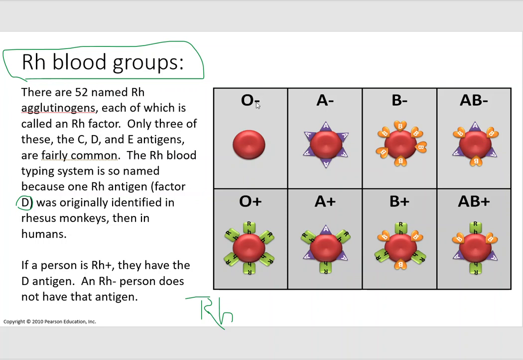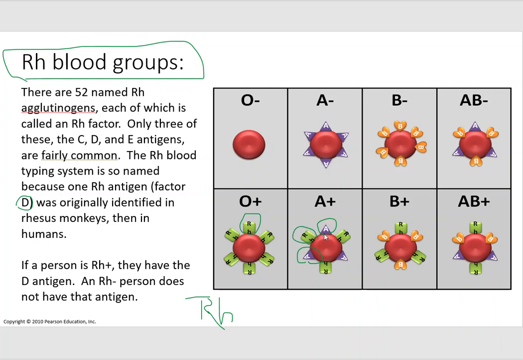Now, the reason these have a negative is because they don't have any Rh on there. But if I have O positive, what does that positive mean? It means I've got Rh. I've got the D type. So A positive, I've got the A antigens plus I've got Rh.